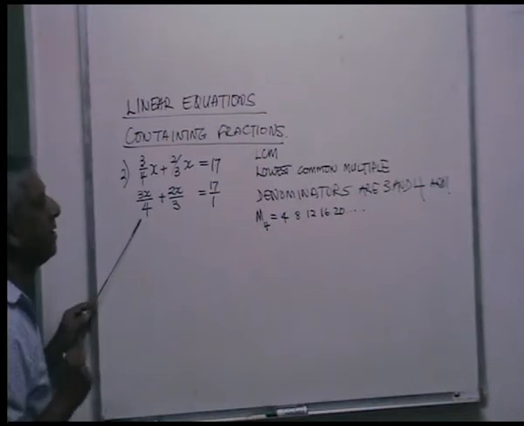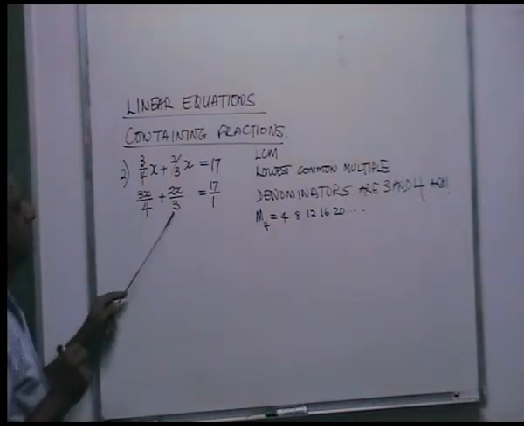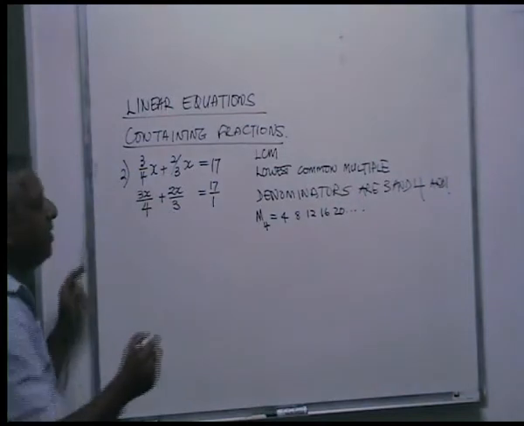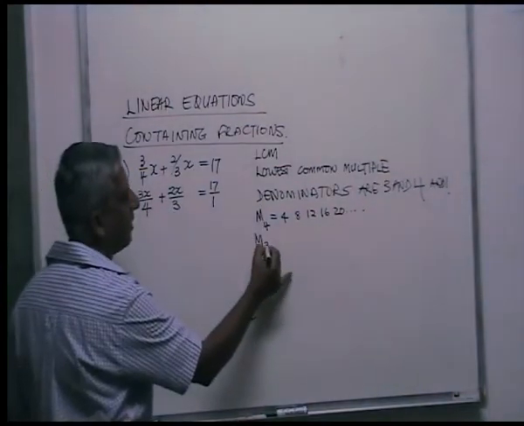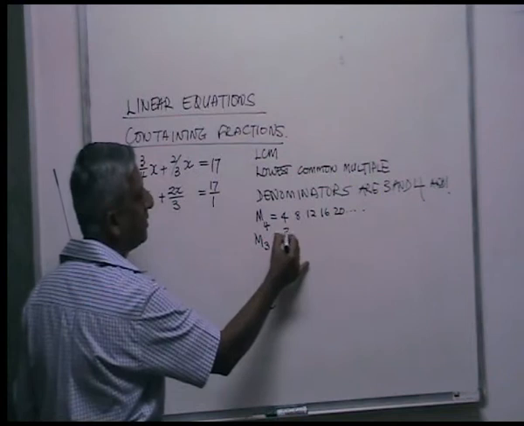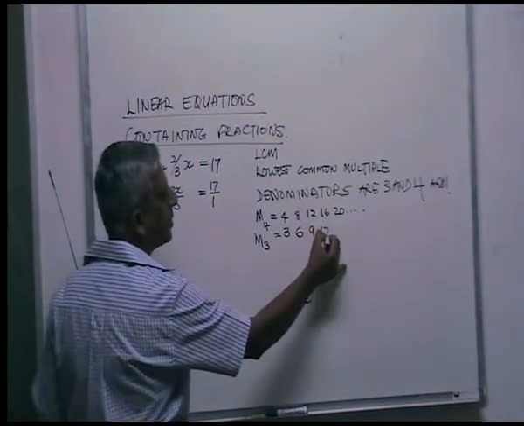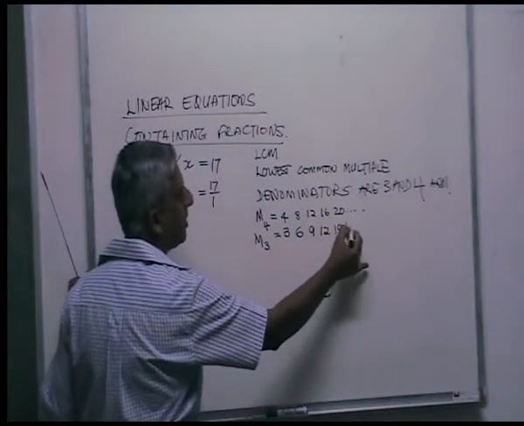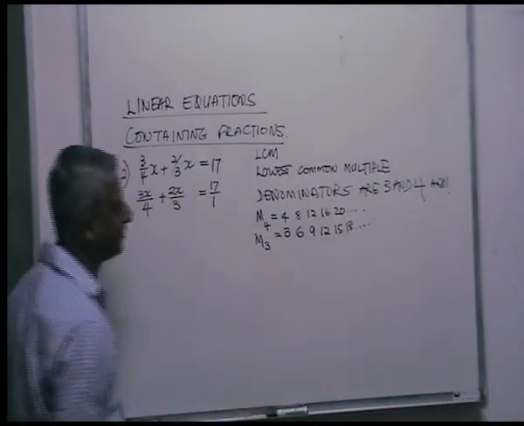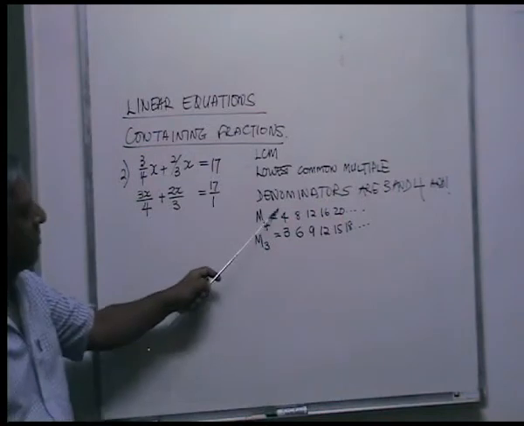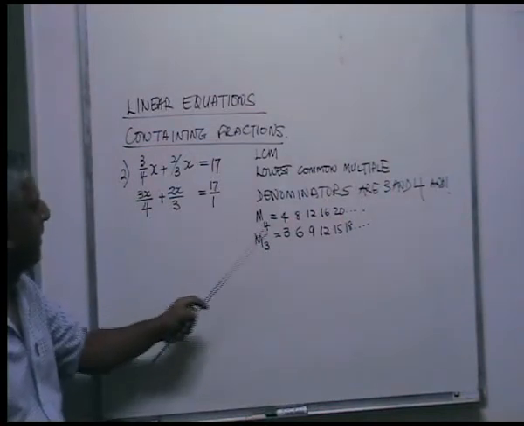Now you're learning a method how to find LCM. Then you got 3. Then you find multiples of 3, so you count in 3: 3, 6, 9, 12, 15, 18, etc. You write a few of them down there.